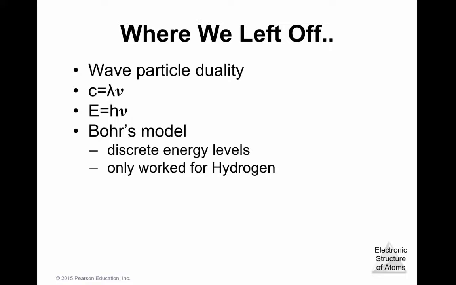Of course, it only worked for hydrogen, which is kind of an issue because there's a bunch more elements on the periodic table. And remember that Bohr also didn't know much about quantum mechanics. So he represented the atom as a nucleus in the center with these circular orbits that the electrons traveled in. We now know that that's not true, and we'll get into that a little bit more today.